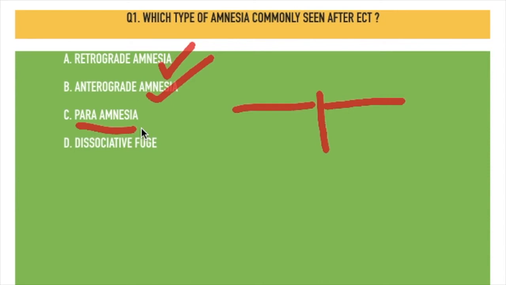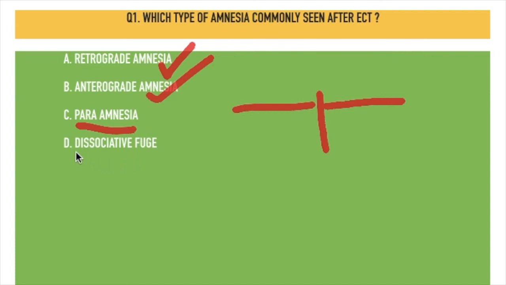A person recalls an event from his past, but he cannot differentiate whether it is his actual memory or just his imagination. That is called paramnesia. And one best example is deja vu. You know what deja vu is.